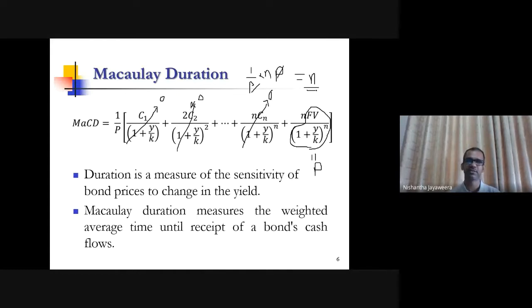Remember that and use that knowledge to assess whether your answer is correct. It may be a wrong answer, but at least it's a possible correct answer. If you get a duration figure higher than the maturity of the bond, something is definitely wrong. That cannot happen.